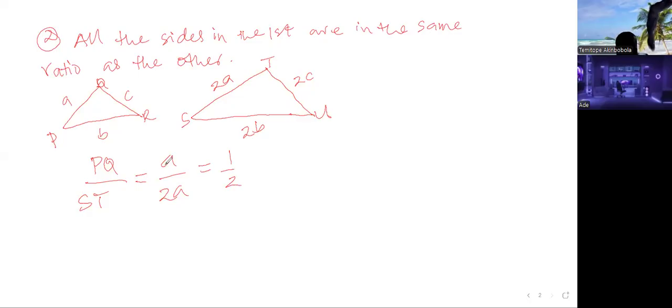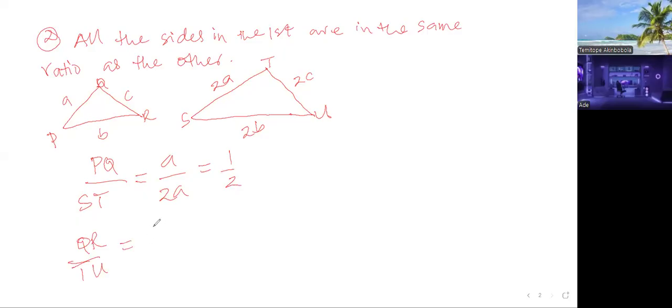Can you see that? Yes, sir. Now, if they are similar, the ratio of side QR to side TU must also be 1 over 2.